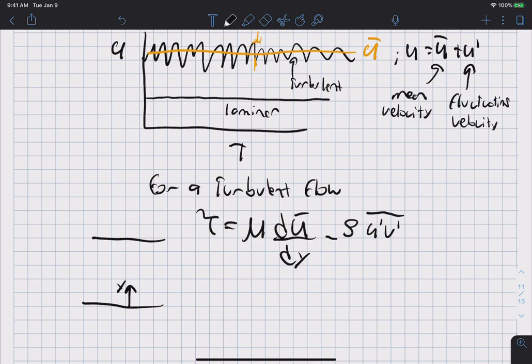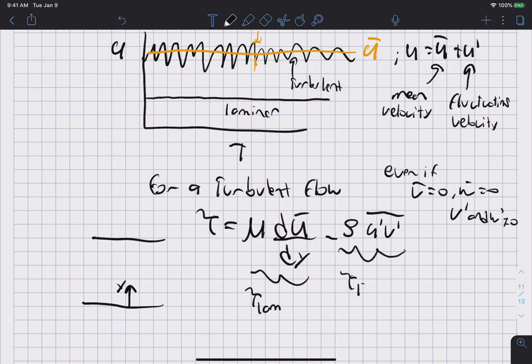I'm not going to get into what this is, but in a turbulent flow, there are always fluctuations of the velocity in all three directions. Even if v bar equals 0 and w bar equals 0, v prime and w prime are not equal to 0 in a turbulent flow. Okay, and so this first term you could consider tau laminar, and this is tau turbulent.